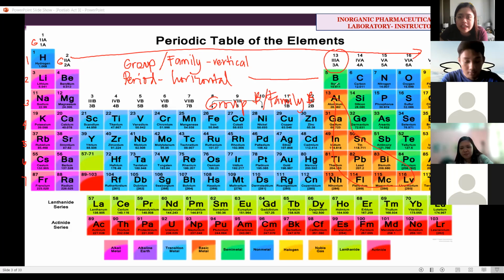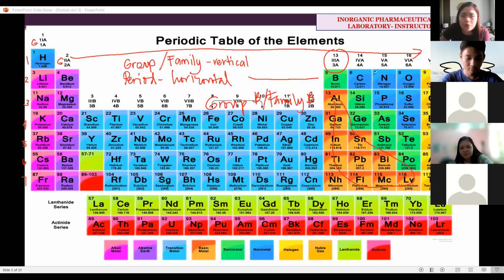Now, those in green are the so-called semi-metals from boron to polonium. Semi-metals, or we call them metalloids, because their behavior, their characteristic, is similar to metals, but they are also similar to non-metals. So they are in the middle, thus we call them semi-metals.